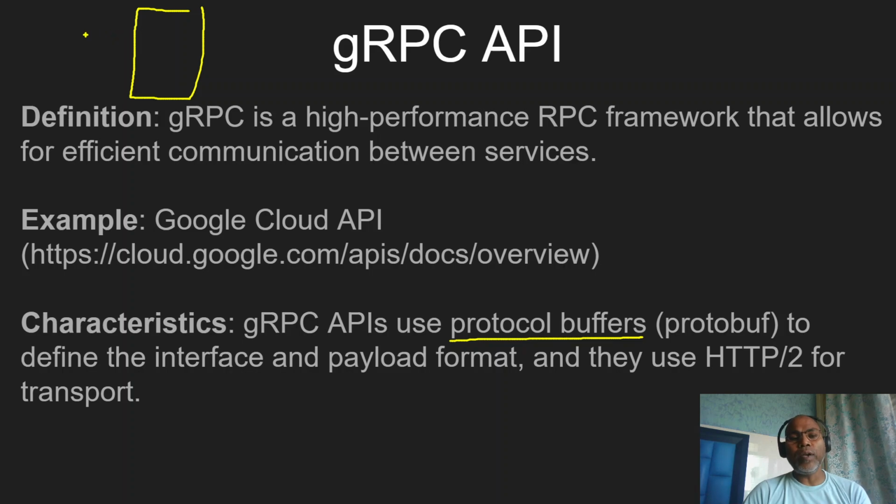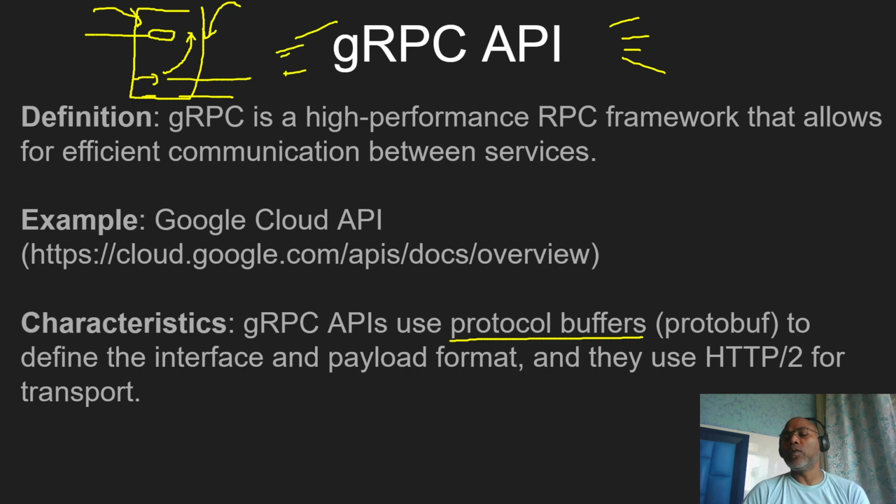In the protobuf file we specify, this is my service, what is the request parameter, what is the response parameter, and we also mention the request message and response message details. The protobuf file is compiled, and accordingly our server implements the services, and similarly clients consume the services.